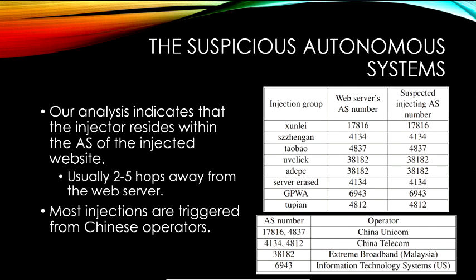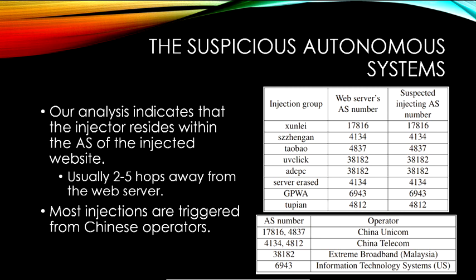And these are the results of our analysis, which were quite consistent. In all cases, the injector, according to the analysis, resided 2 to 5 hops away from the targeted web server.